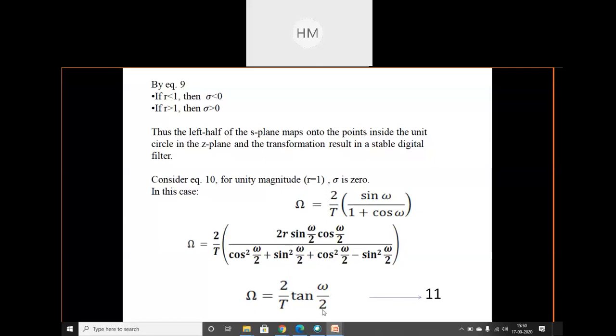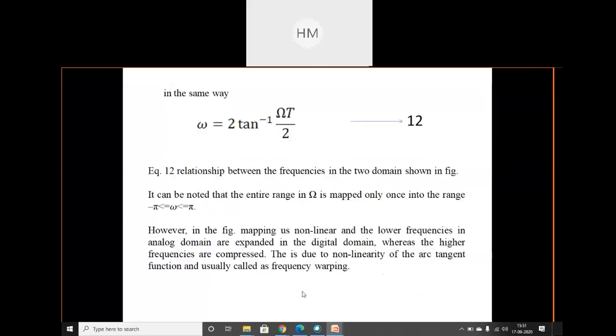Is it clear? So this equation 11 is very important. Ohm is my transformation from analog domain to digital domain. Now I can write equivalently omega is equal to 2 tan inverse ohm T by 2.